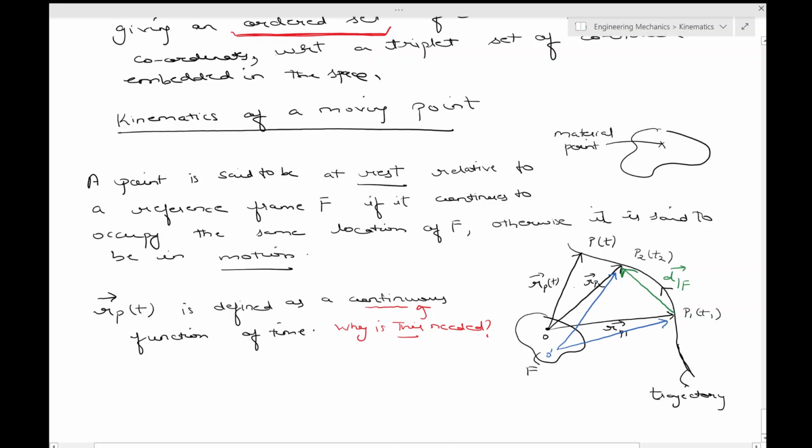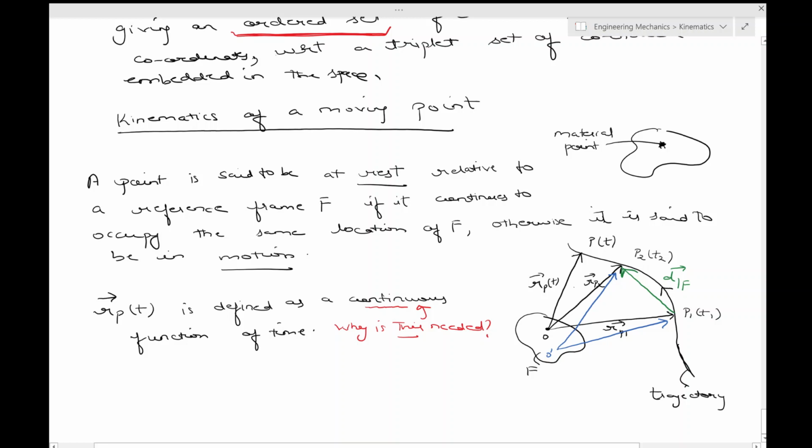Then the displacement vector with respect to frame F from t1 to t2. As an observer you are observing two events. One is that the material point of interest is at P1 at time t1, then some interval has passed and you are now at time t2, and this material point is now at P2.